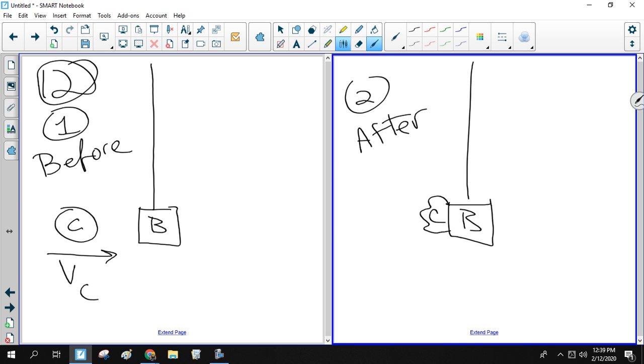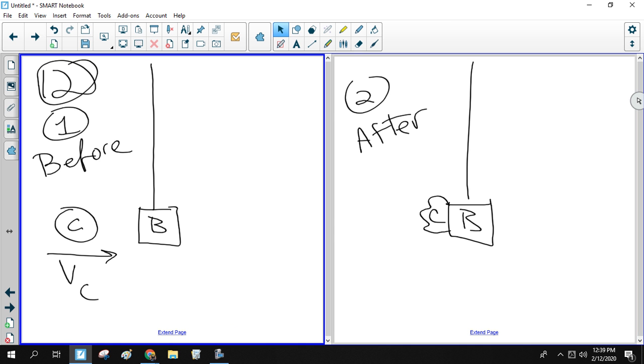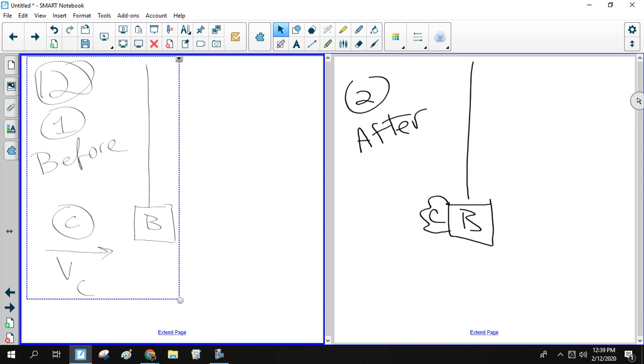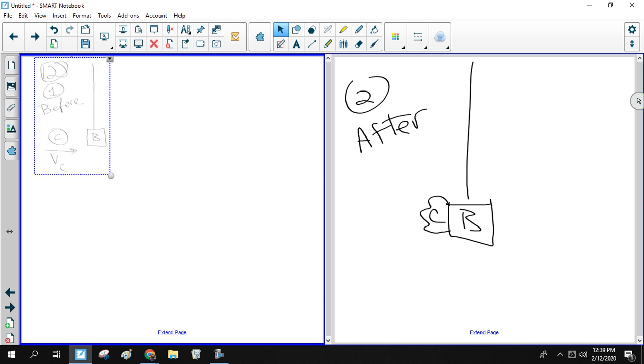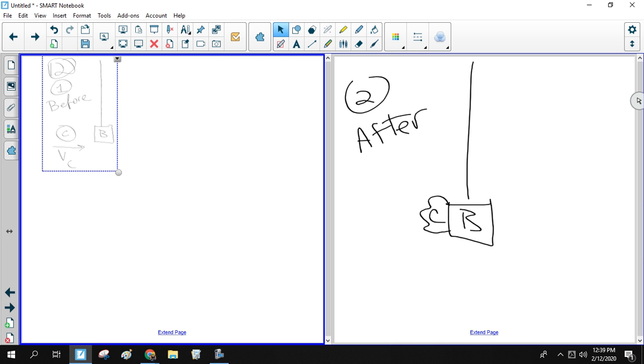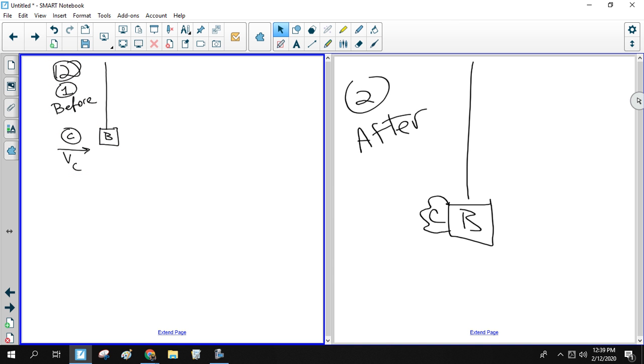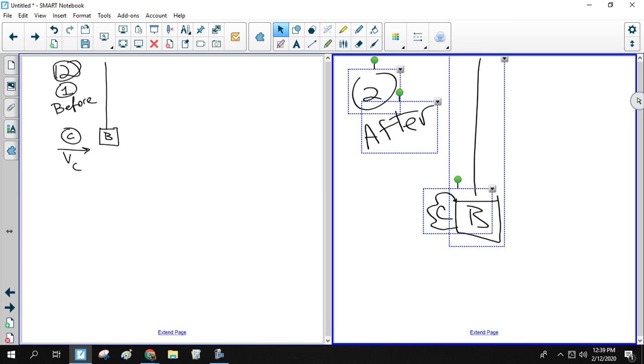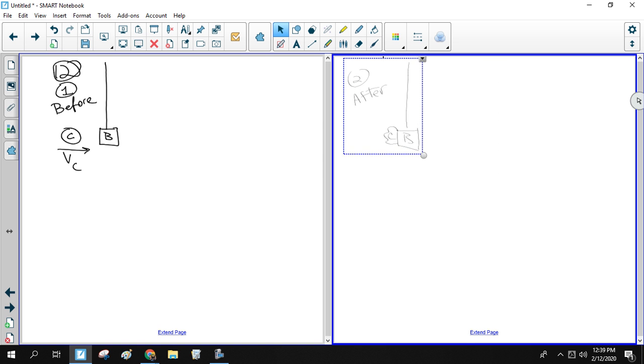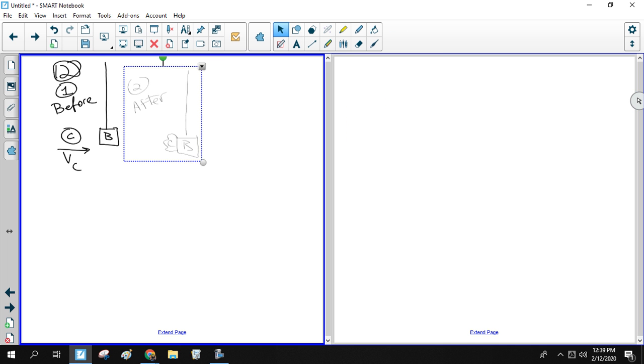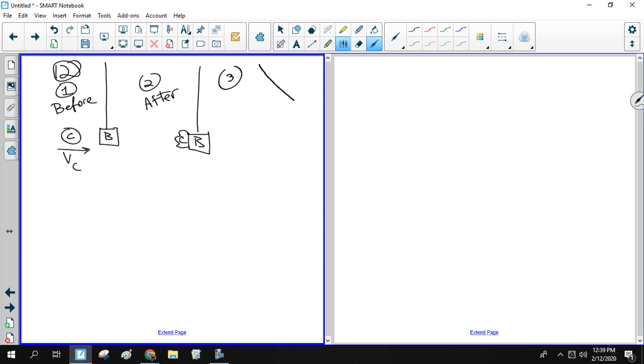And then drawing 3, there's drawing 2. And then in drawing 3, the whole system swings up, clay and block, to a height of 0.6 meters.